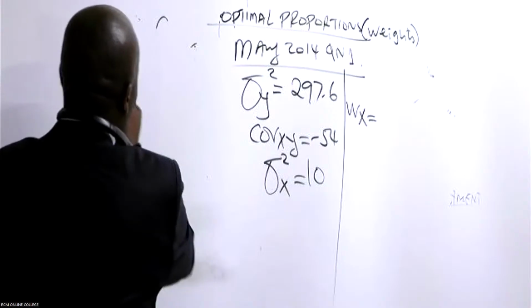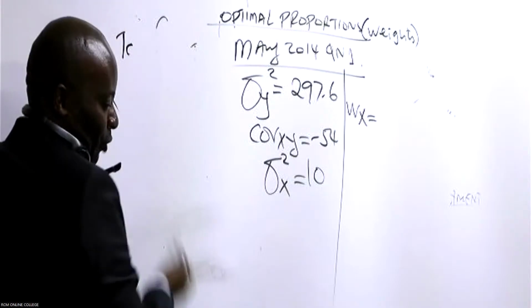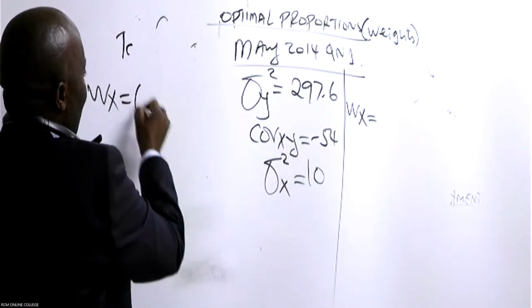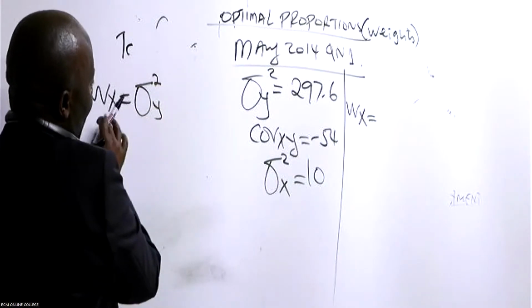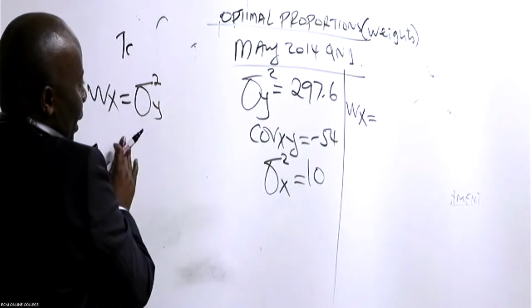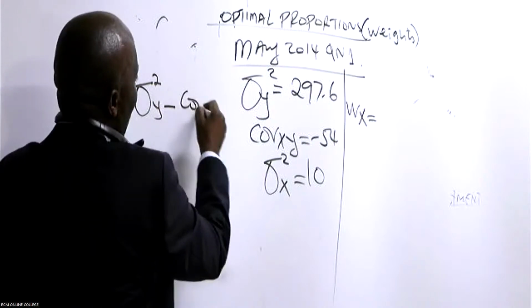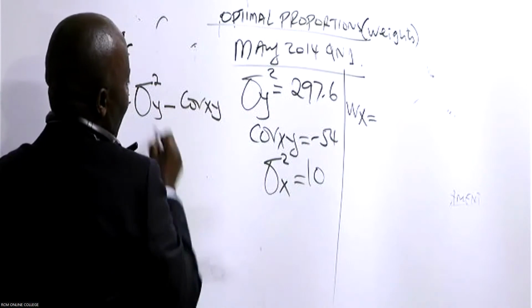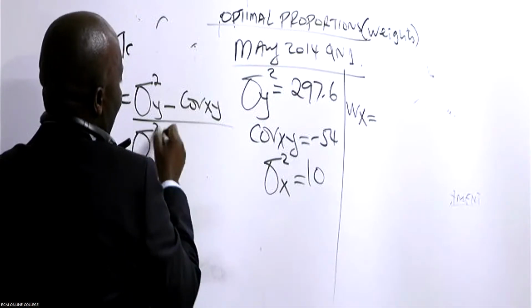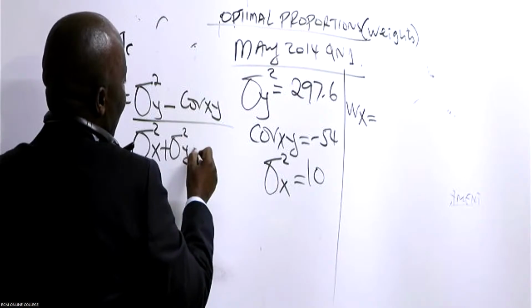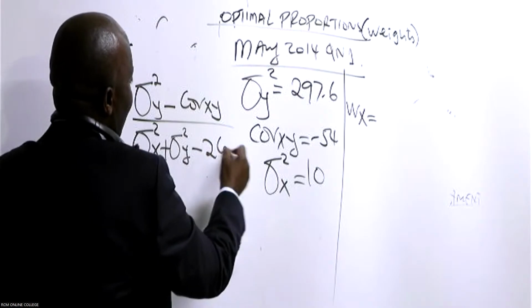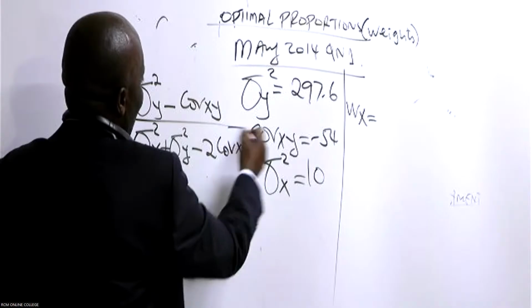Very important, the proportion of X: I start with the variance of Y. The weight of X is variance of Y minus covariance of XY, all over variance of X plus variance of Y, minus twice covariance XY.